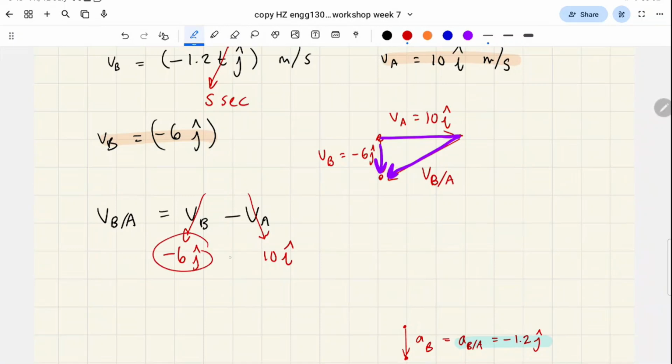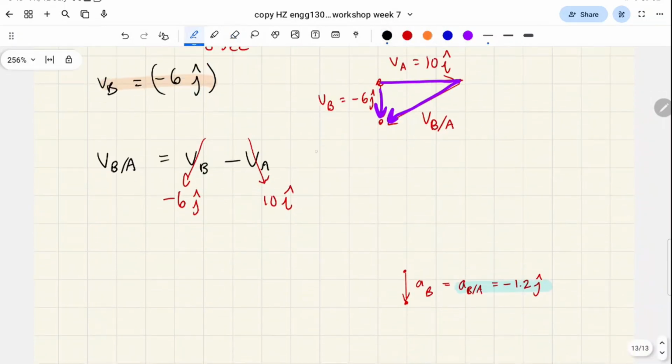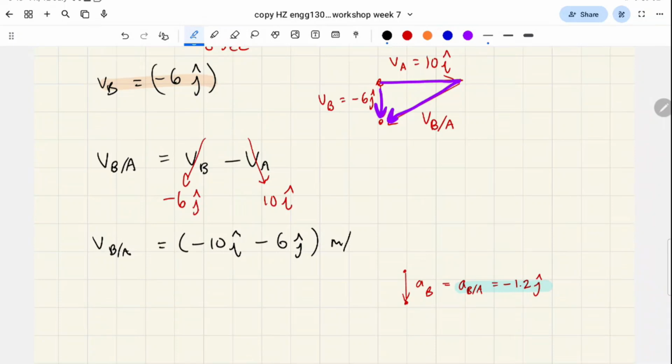So you have a vector in the j direction, you have a vector in the i direction. So now we have an accurate expression for this, right? So VBA is equal to negative 10i minus 6j. And that's in meters per second. Okay, that's our answer.